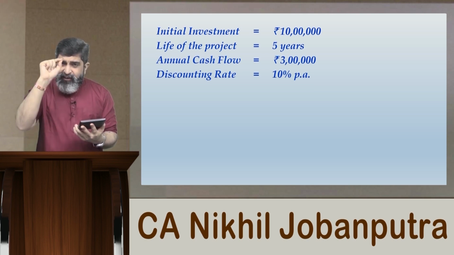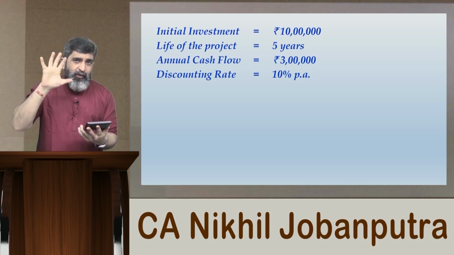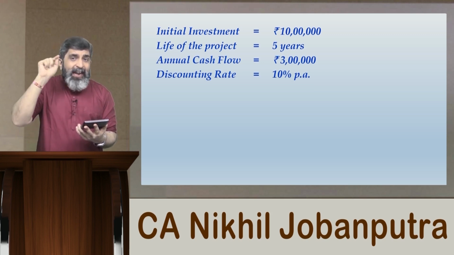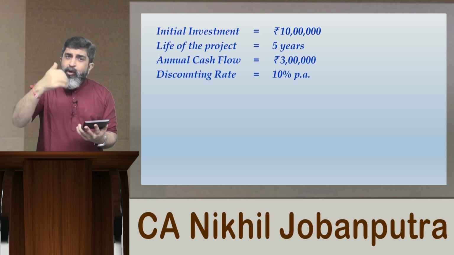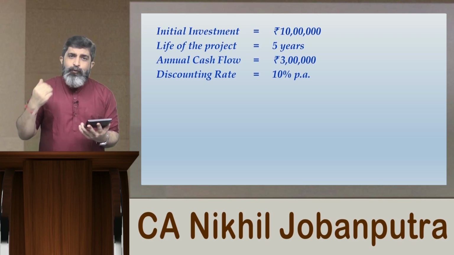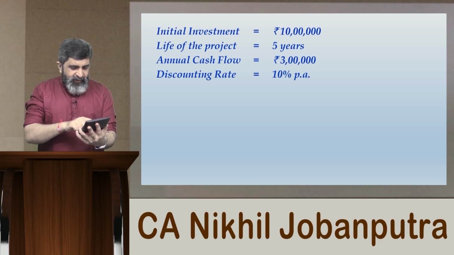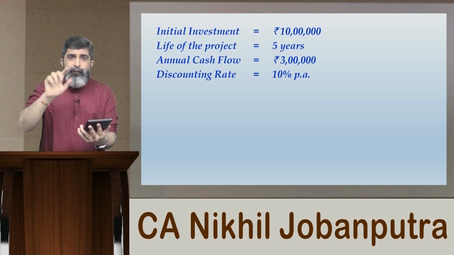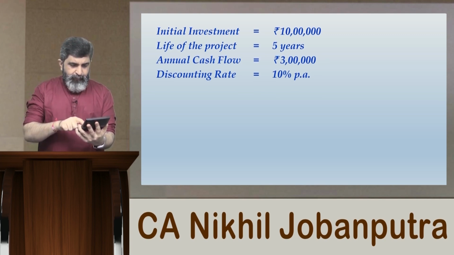Discounting rate is 10% per annum, life of the project is 5 years, and you can find that annuity is applicable over here because every year you are getting constant cash flow of 3 lakhs. So I will make annuity calculation, and I'm sure you also know how to do it. So I'm going to compute annuity factor for 5 years with discounting rate of 10% per annum.